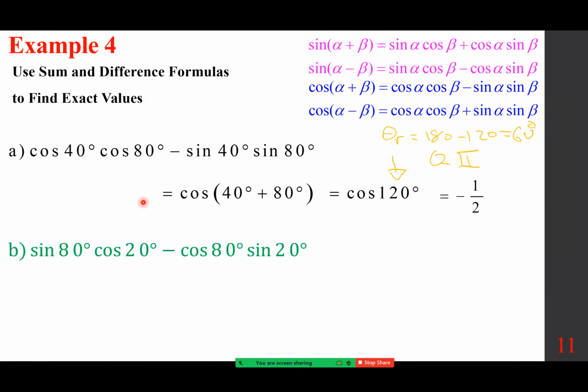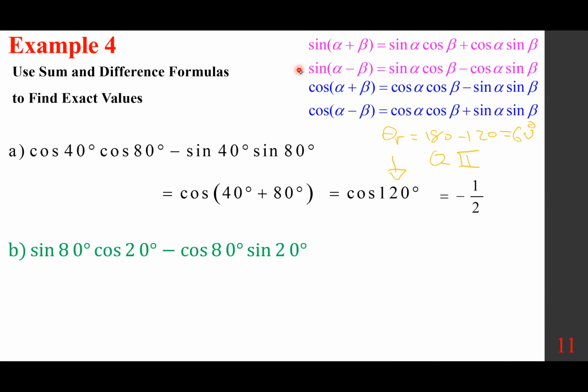This one, we compare it to one of those formulas. Sine alpha cosine beta minus cosine alpha sine beta. So clearly it looks like that. Take a look at the formula and take a look at the given statement, where alpha is 80, beta is 20 degrees.